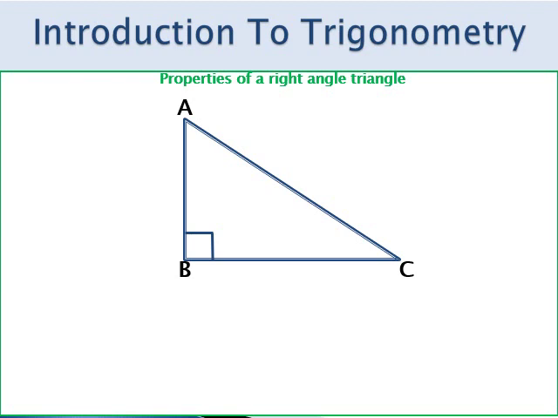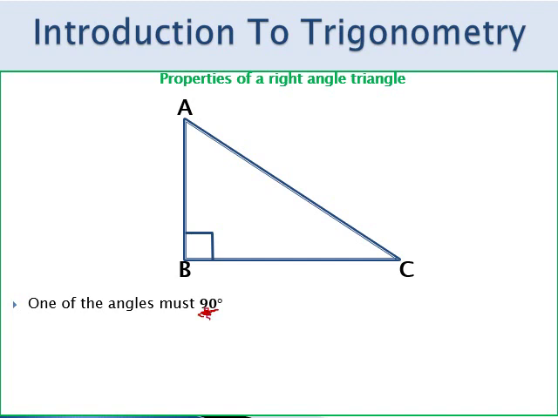The first thing I want you to pay attention to: if we have a triangle like this, you automatically know that this is a right angle triangle. The reason for that is that one of the angles must be equal to 90 degrees.